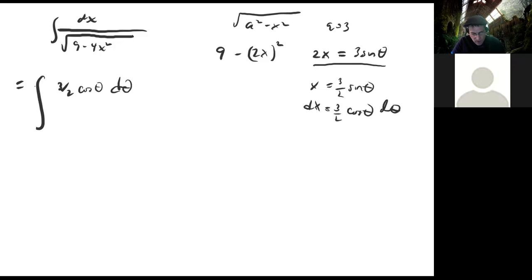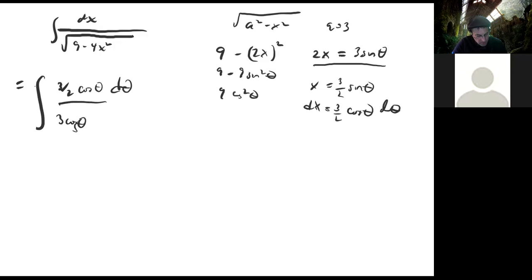And what is a squared minus x squared going to be in this case? It's 9 minus (2x) quantity squared, which is 9 minus 9 sine squared theta, which is 9 cosine squared theta. So that's going to be in the square root. That gives a 3 cosine theta on the bottom of the integral.